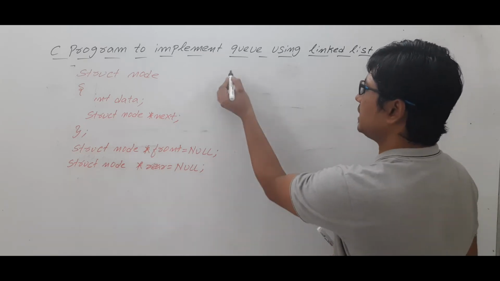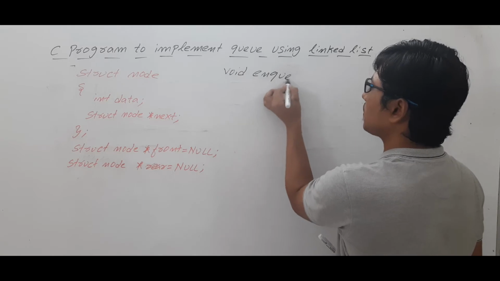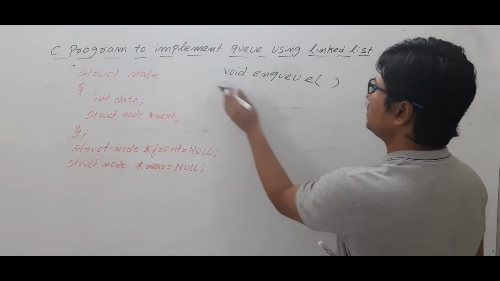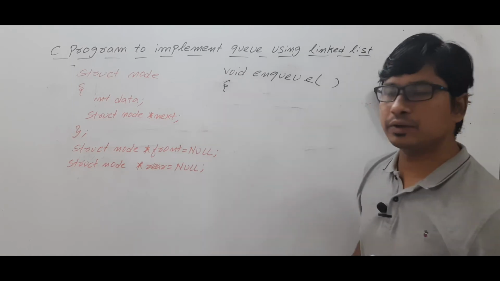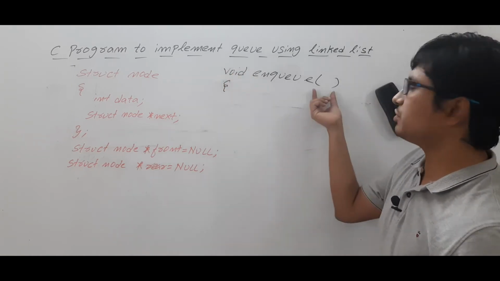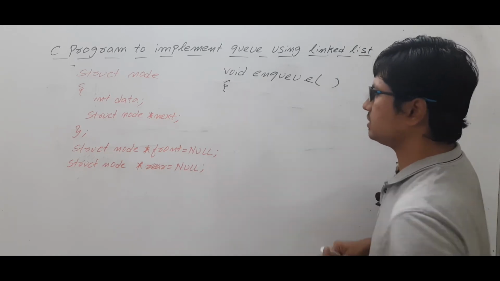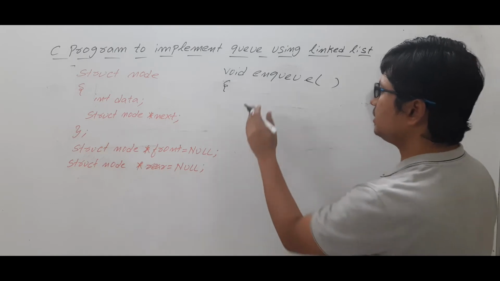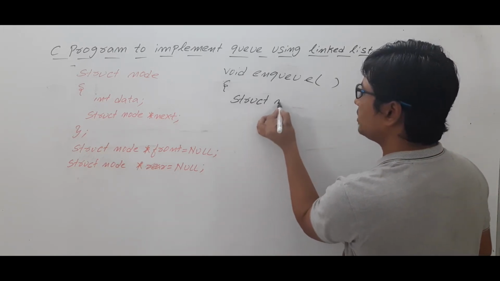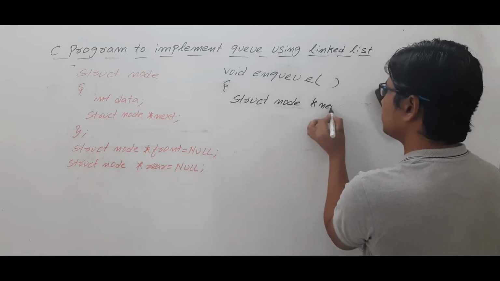Now in that case, you want to insert a node. So you have to write a function for enqueue. This is the user defined function called enqueue, and the return type is void. So this function does not return anything, and this function does not take any parameters. First I need to declare a pointer of struct node. Let me take it as new node.